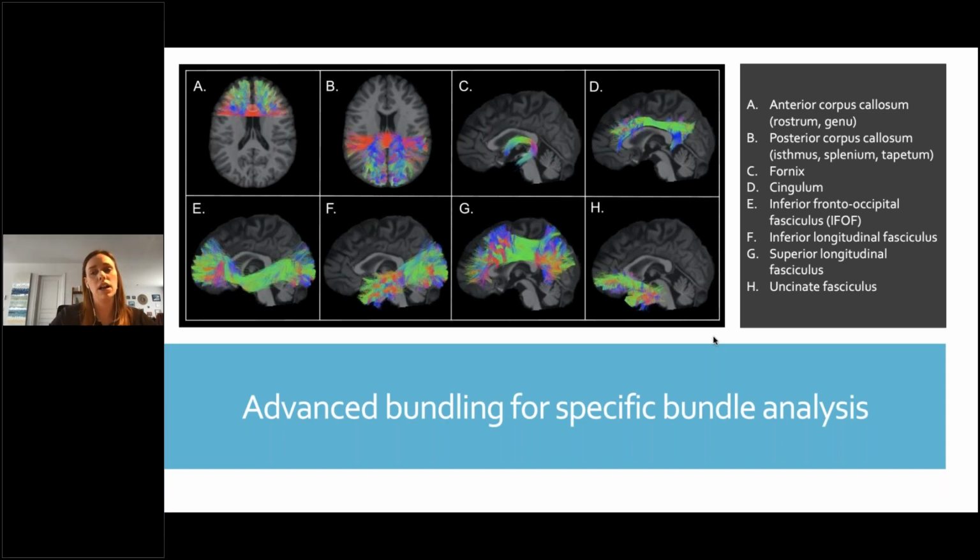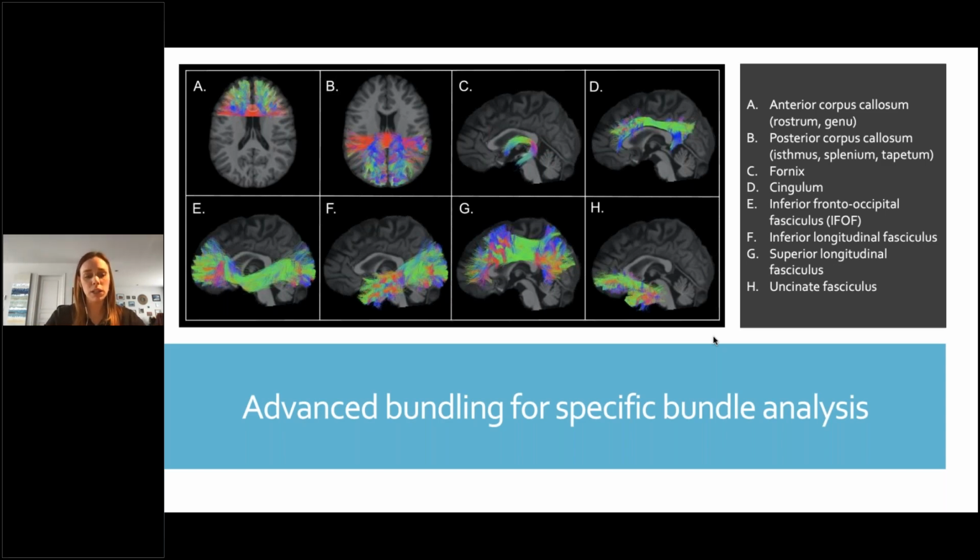According to the current knowledge of the different functions of the white matter fascicles of the human brain, we chose the corpus callosum, the fornix, cingulum, IFO for inferior fronto-occipital fasciculus, the inferior longitudinal fasciculus, the superior longitudinal fasciculus, and the uncinate fasciculus. They were selected as bundles of interest.